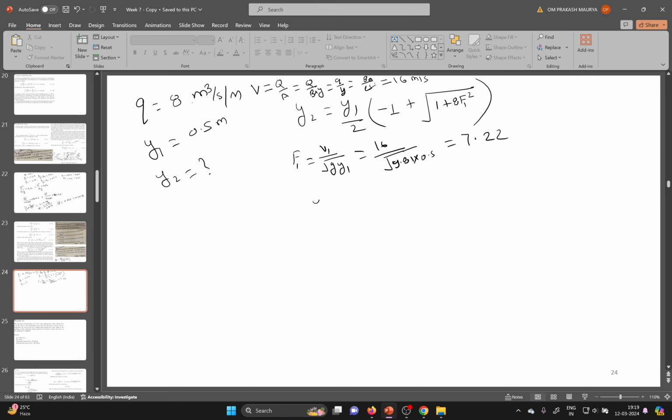So here you just put y2 is equal to y1, that is 0.5 divided by 2 into minus 1 plus root under 1 plus 8 into 7.22 squared. So you will get 0.5 divided by 2 into minus 1 plus root under 1 plus 8 into Fr1 squared, that is 7.22 squared.